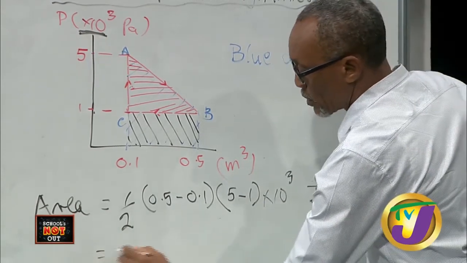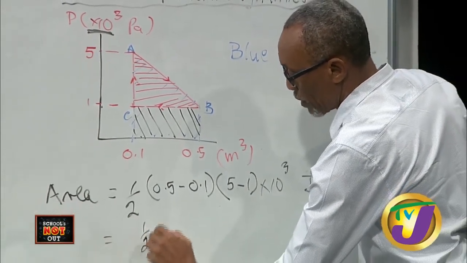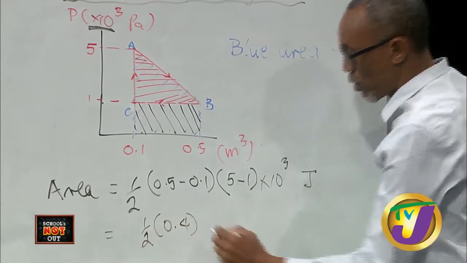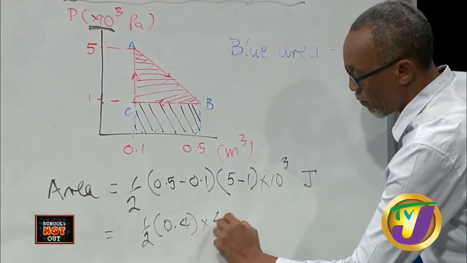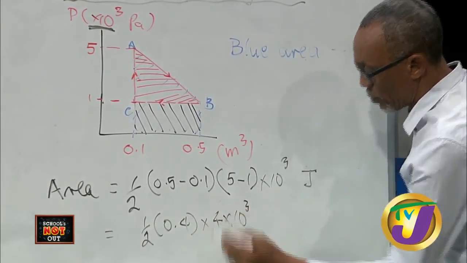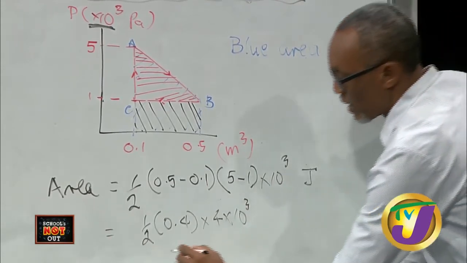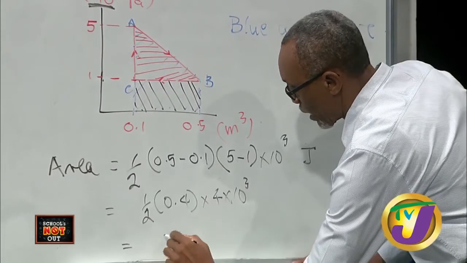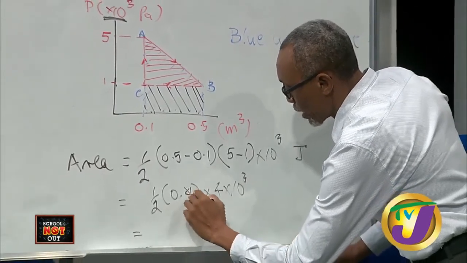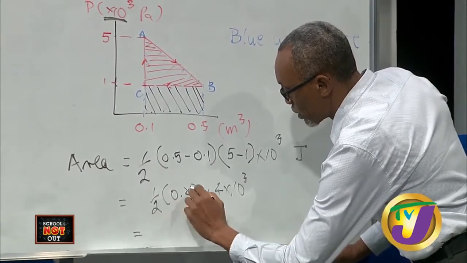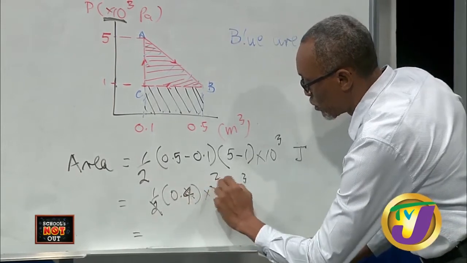All right, and so that would be half times 0.4 times 4 times 10 cube. All right, and if my maths is right, that will give me, let's leave it there, 2.